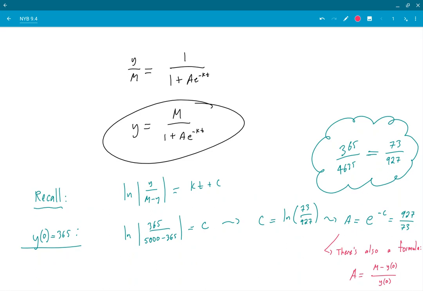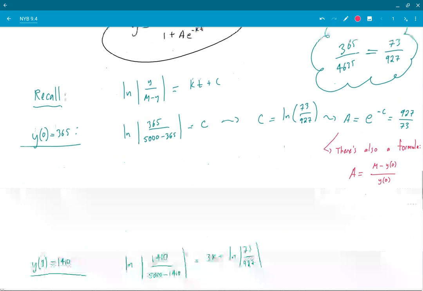Or if you want, there's a formula for A, which you could memorize if you like. Now what I'm referring to, this is y, the function y with 0 plugged in. Or you could say this y of 0 is the 365 over here. And the m is, of course, 5,000.